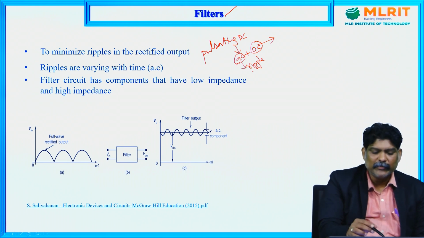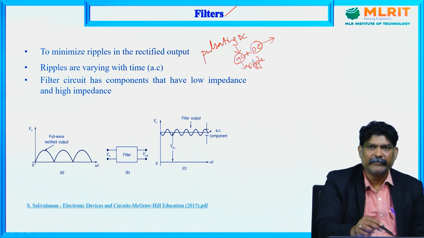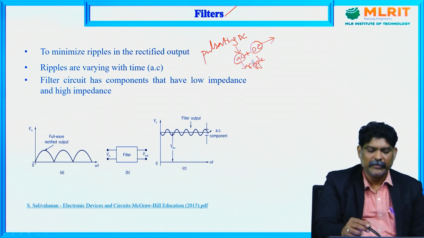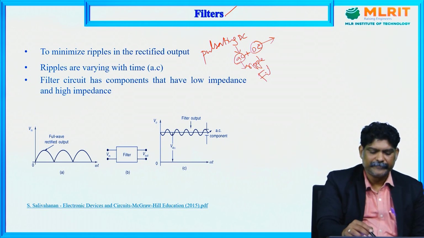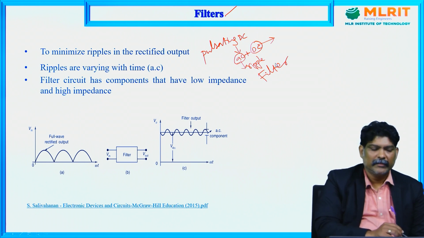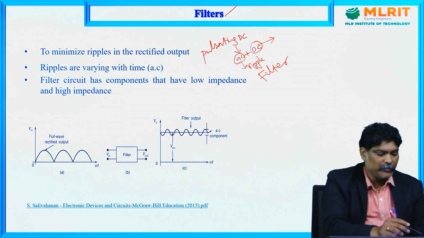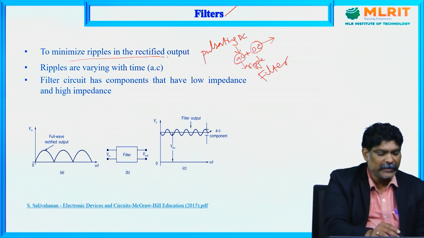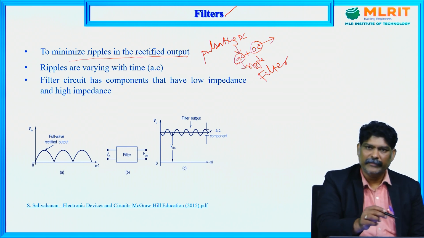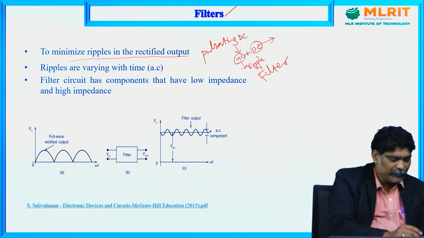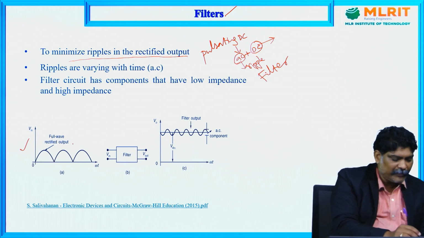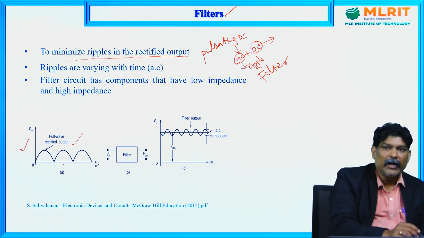To remove these ripples from the rectified output of any rectifier circuit, we require an additional circuit. That circuit is called a filter. So what does a filter do? To minimize ripples in the rectified output, we use a filter circuit. If you observe this waveform, this is a full wave rectified output, which is not pure DC.